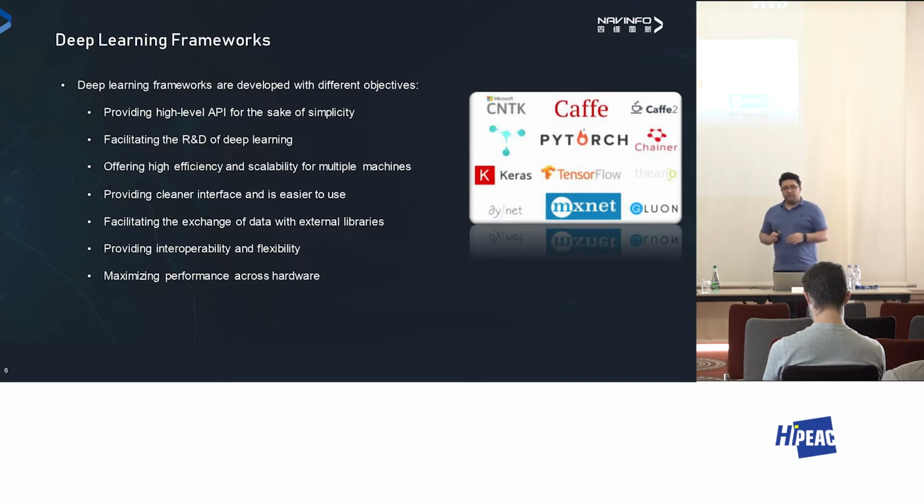Also, by simplifying the development of deep learning models, they try to facilitate the R&D of deep learning. Then they are offering very high efficiency and scalability for multiple machines, because underneath their high-level API they have lots of highly optimized libraries implemented for the specific hardware that they are supporting.